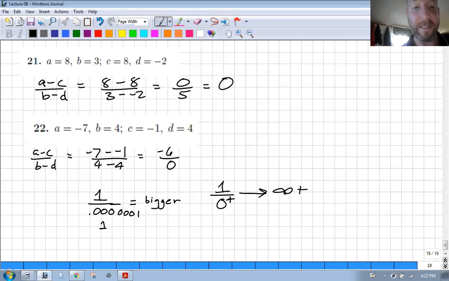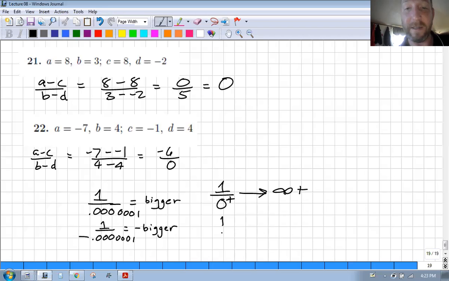But now what if we did the same thing, but divide by something teeny tiny but negative. That's something negative but big. And if I make it even smaller on the bottom, I get something that's negative but bigger.